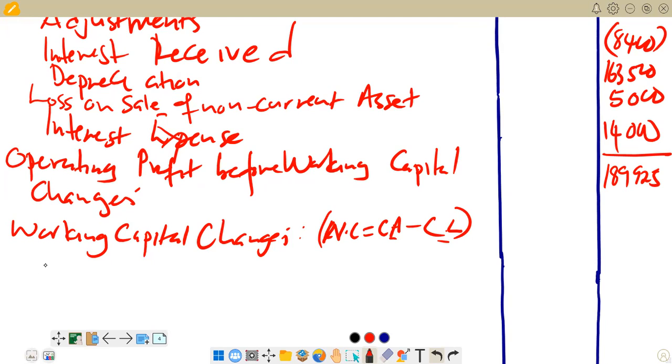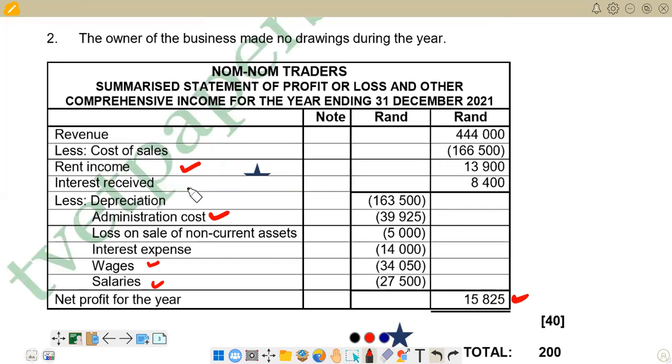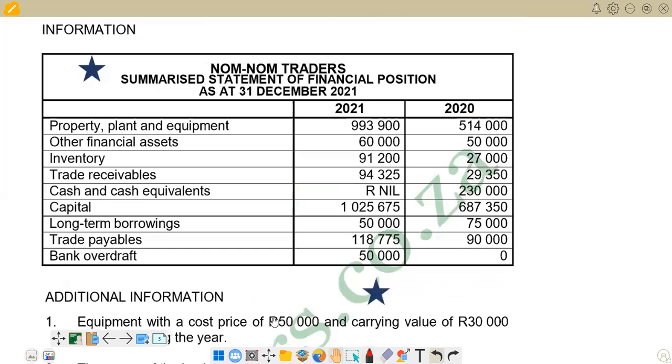So here we are just going to see what is happening in terms of inventory. So we go to the list of balances that we have and try to look at the movements that we have for inventory. For inventory, we are seeing that it was 27,000 and it increased to 91,200.